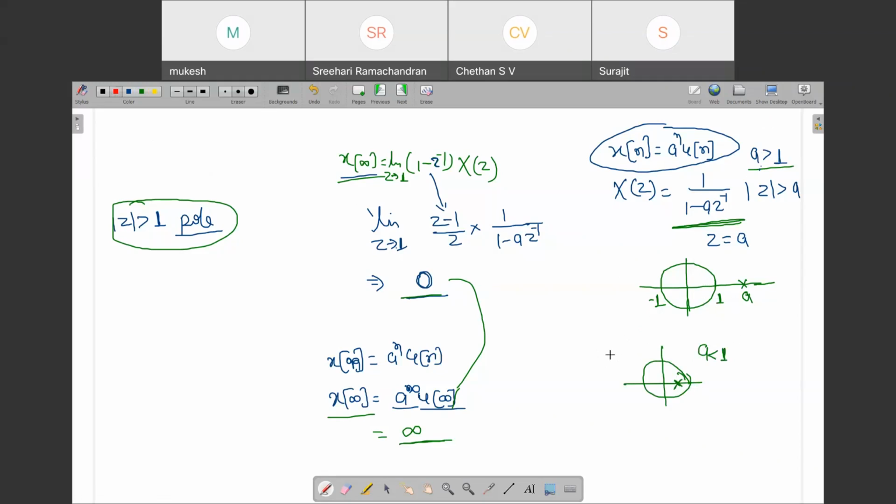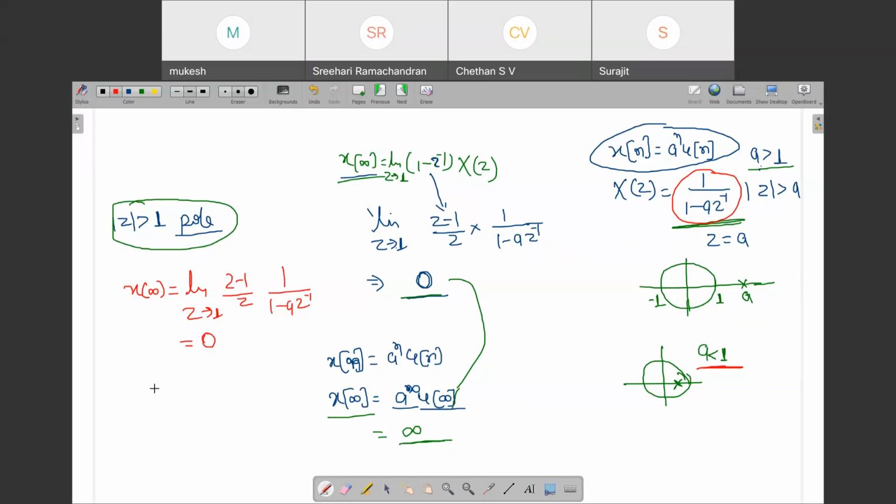Now let's apply the final value theorem. So x of infinity, we will have the same Z transform, but only the thing is that a is less than 1. So it will be limit z tending to 1, (z minus 1) divided by z, times 1 over 1 minus a z inverse. And once you apply the limit, it will become 0.